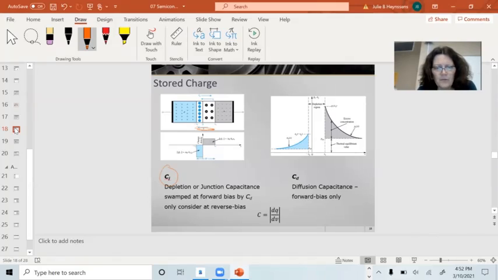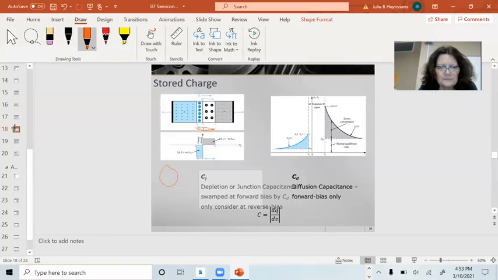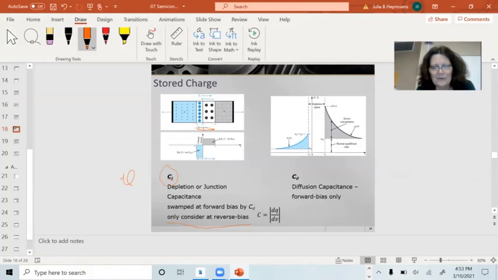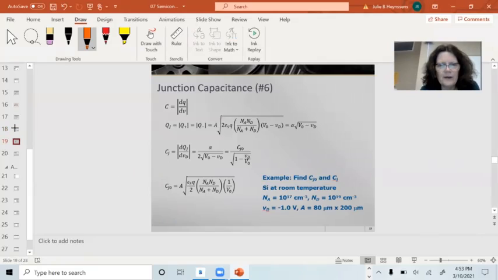This is the more important capacitance at reverse bias. The diffusion capacitance dominates at forward bias. It's not used very often. It's a smaller capacitance. We take it into account in our models, but we don't make useful devices out of that. We talked about varactors.